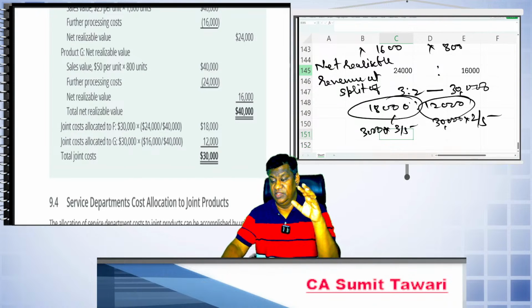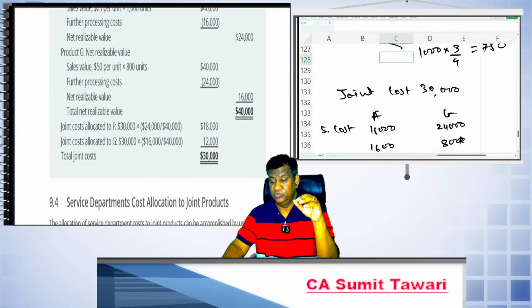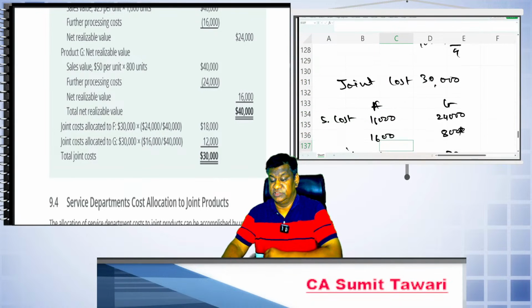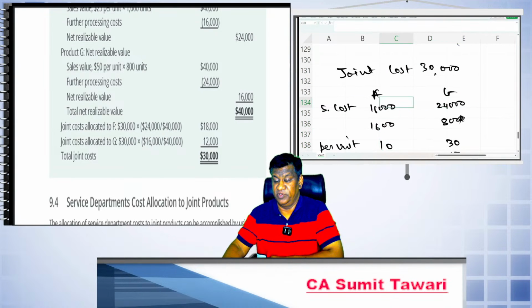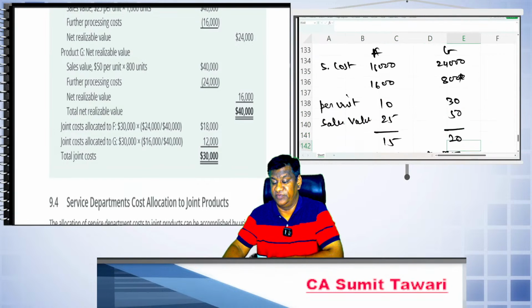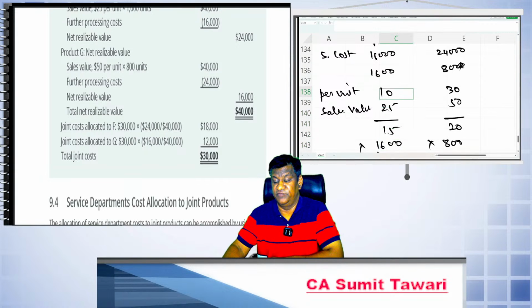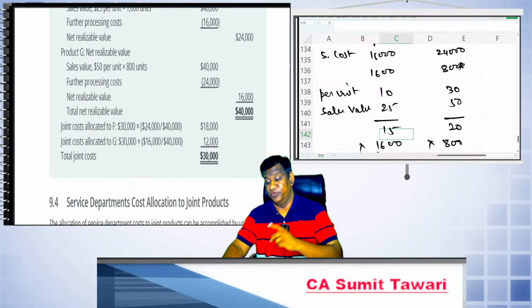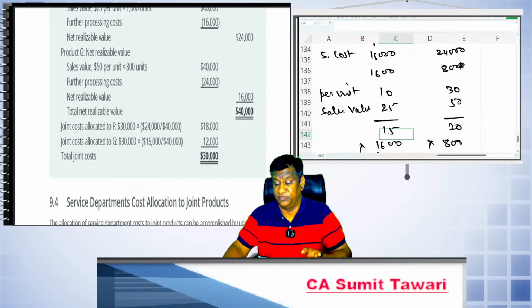Again, just to revise in short. Joint cost is 30,000. 16,000 and 24,000 are the separable costs for products F and G. Quantity is 1600 and 800, so per unit separable cost is 10 and 30. The final product sell values are 25 and 50. If I reduce the separable cost from the final sell value, I get the net realizable value per unit at split off time, which is 15 and 20.